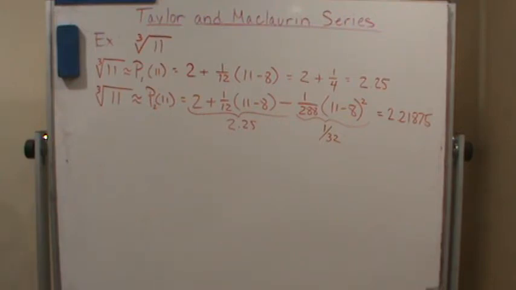So the remainder, when approximating the cube root of 11 by the first Taylor polynomial, is going to satisfy R1 of 11.